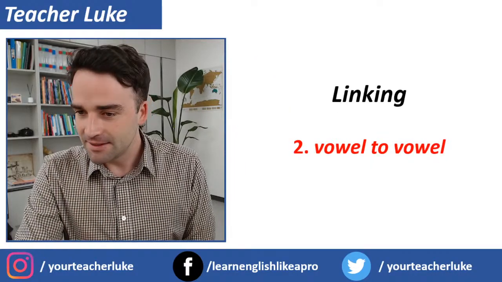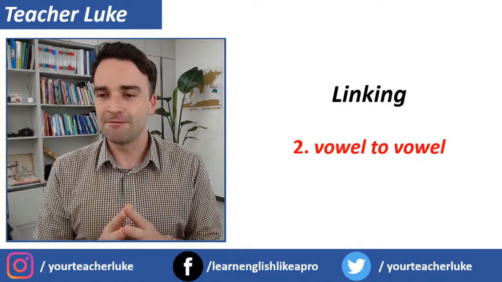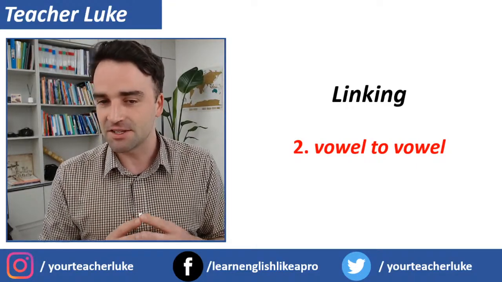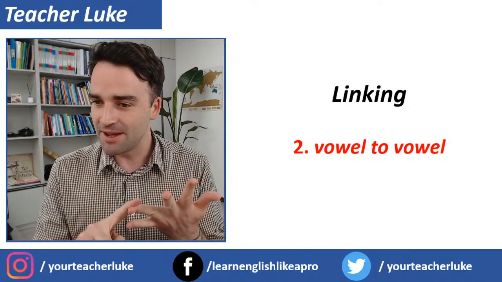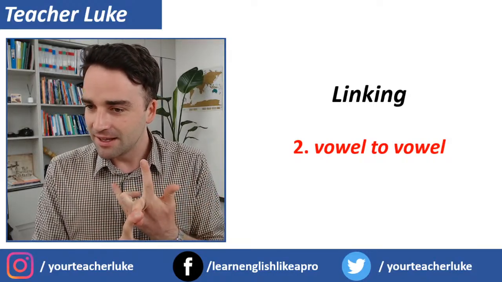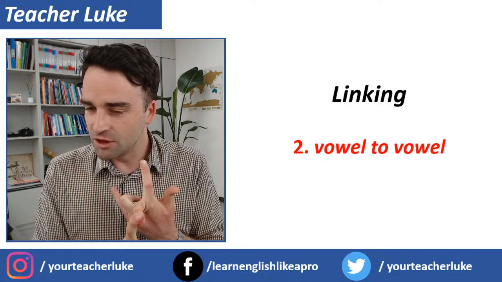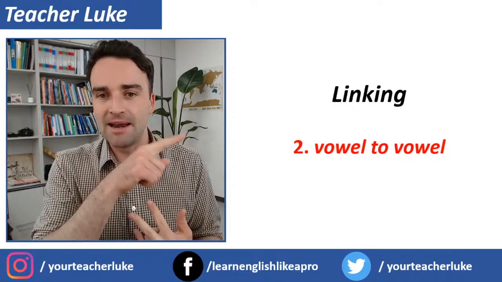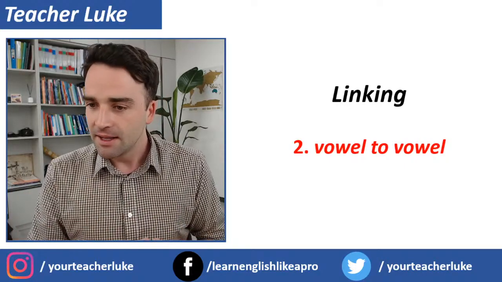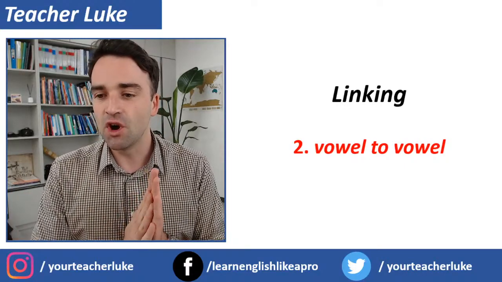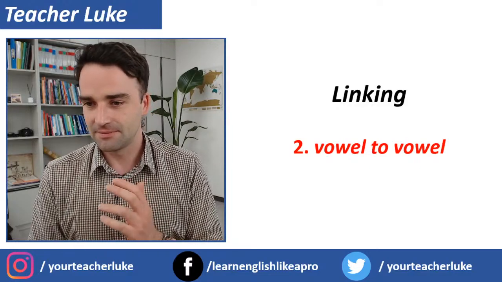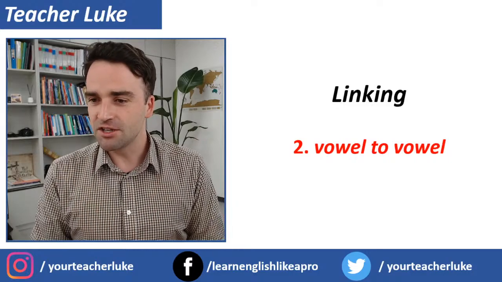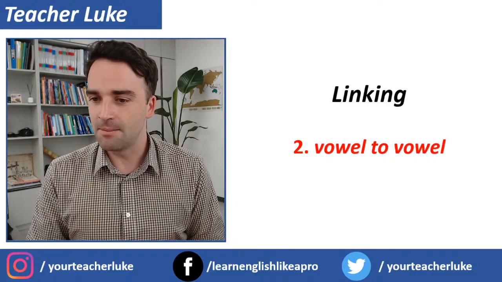Okay, so guys, you are writing in the chat if your language has linking, and a lot of you are saying yes, it does. That's interesting. So French, Serbian does. Arabic, not exactly, but it has diphthongs, which is a kind of blending of vowels. And one of you says in Vietnamese you don't have linking. Interesting. And Carlos says in Spanish he's not sure, but perhaps they have elision.